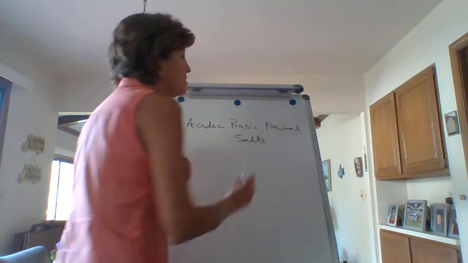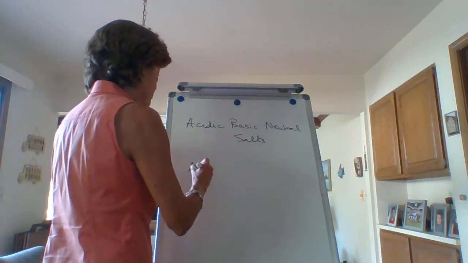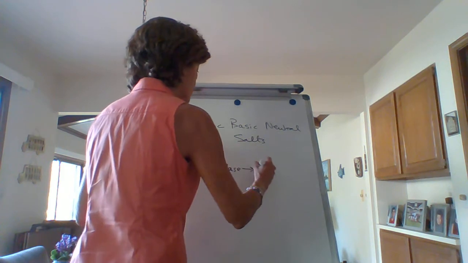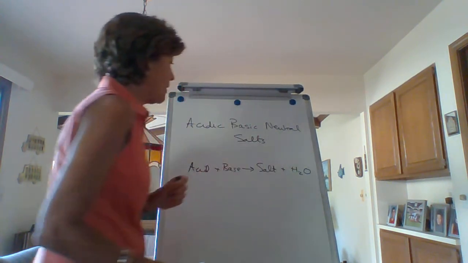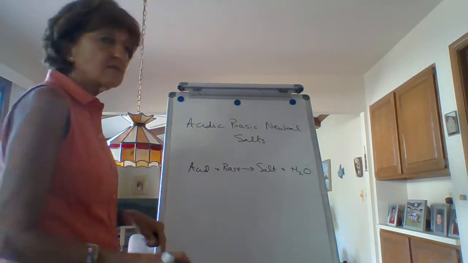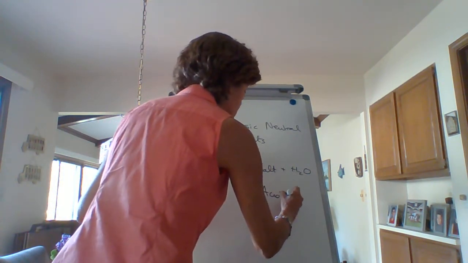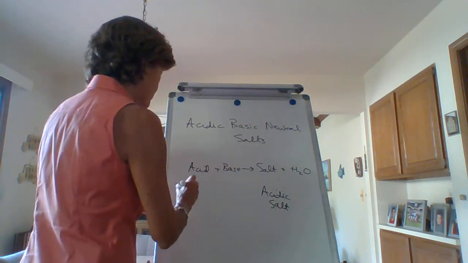Okay, remember how we said that in order to get a salt, you have an acid plus a base will give you a salt and water. Okay, how do you get an acidic salt? So in order to get an acidic salt, this is what you need. You need a strong acid.